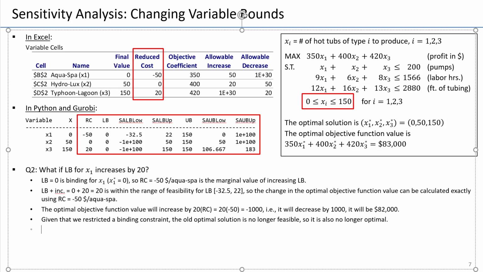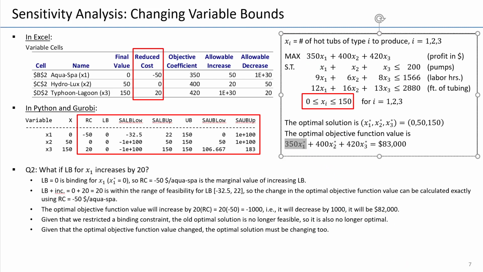And also, if not for this reason, we could have said that given that the optimal objective function value changed, the optimal solution must be changing too. How do I know this? Because for this optimal objective function value, we didn't change the coefficients 350, 400, 420.